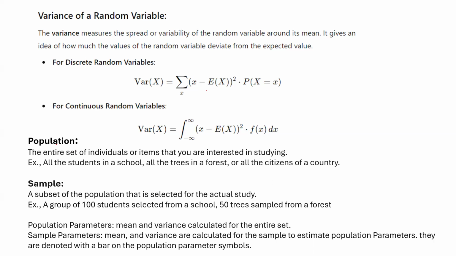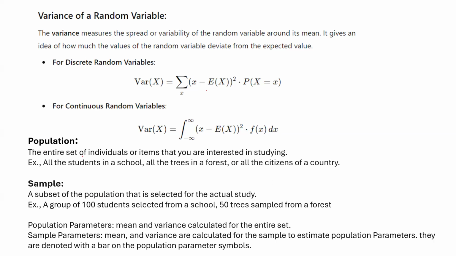But if you take a few voters out of all the voters in the state, that is a sample. A sample is a subset of the population that is selected for the actual study. For example, all the students in a school are the population, and a group of 100 students selected from the school is the sample. That is the difference between population and sample.